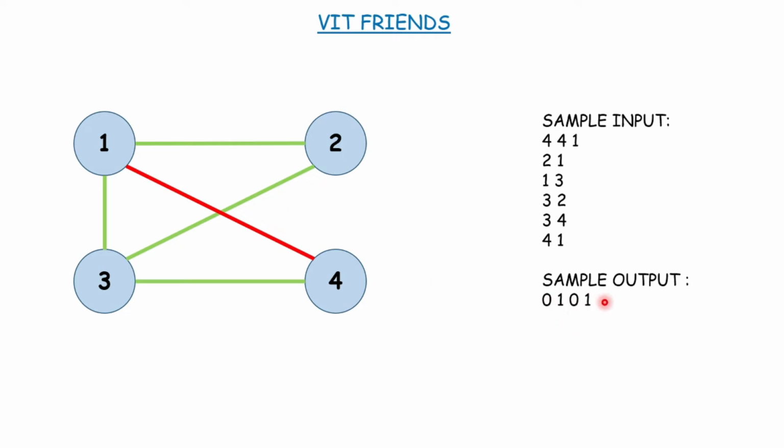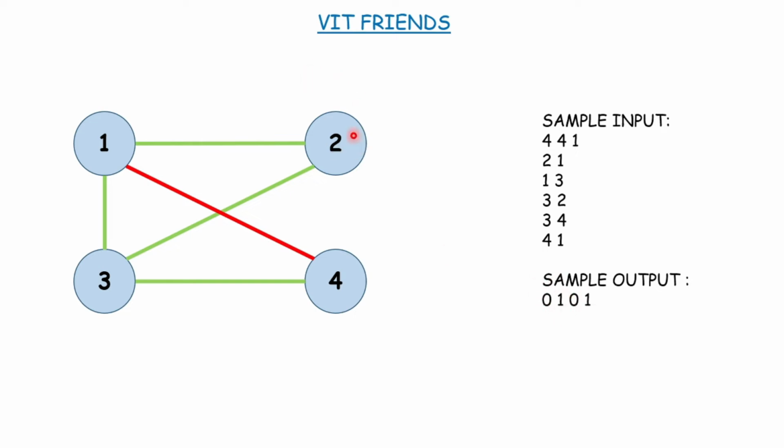Now let's look at the output, how it comes to be 0101. For the first node 1, it is friends with 2, it is friends with 3, but it is not friends with 4. However, 1 has blocked 4, so there is no chance that 1 can be a friend of 4. So there are 0 possibilities for 1 to be a friend of any other remaining node.